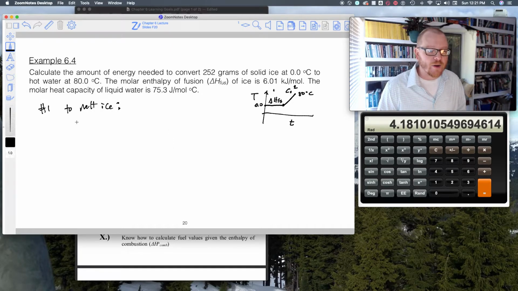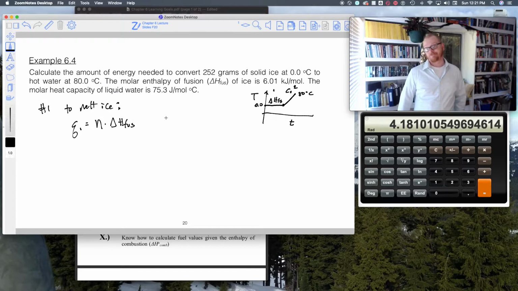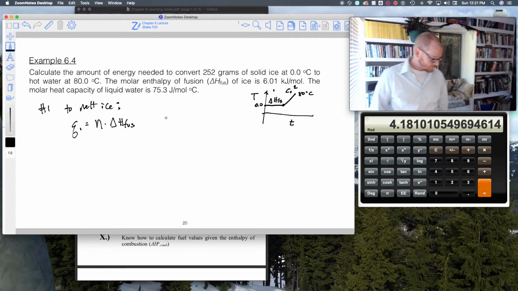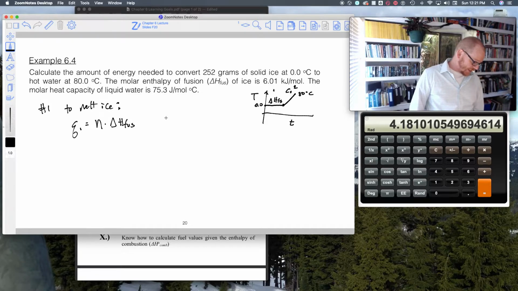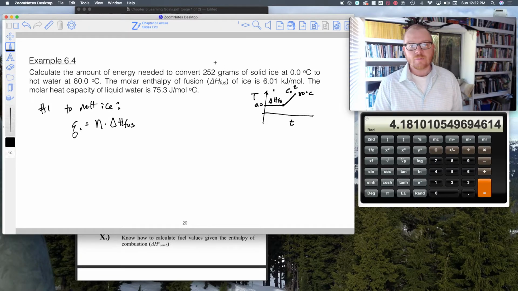I'm going to write that as Q1. I don't have a formula for this because it's stoichiometry, but I'll write one. It's going to be n times the delta H of fusion. And so what that means is I need to convert this 252 grams into moles.